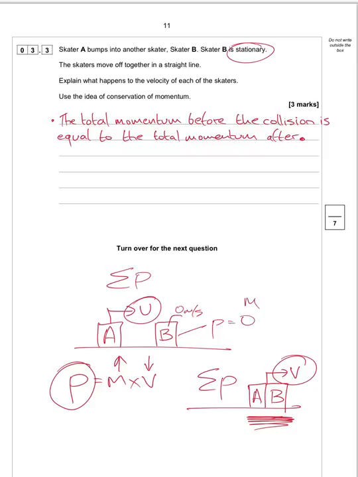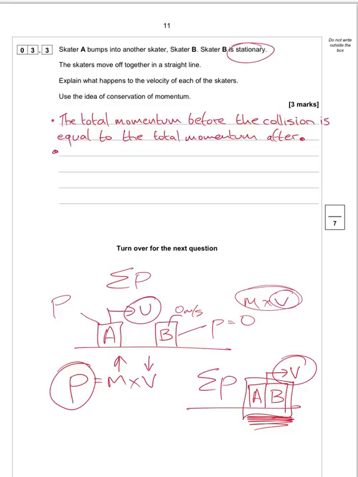If his momentum is equal to mass times velocity, and his velocity is 0, his total momentum is 0, because anything times 0 is 0. And so A has a momentum, and whatever his momentum is before he collides with B, that momentum is now going to have to be shared between the two of them. So it's worth stating that.